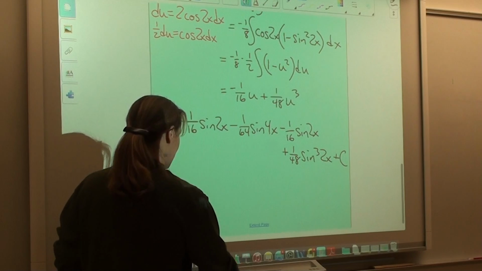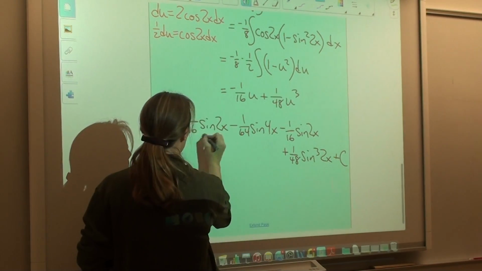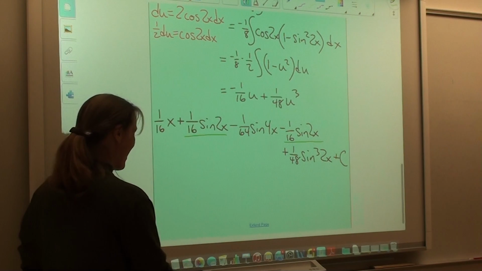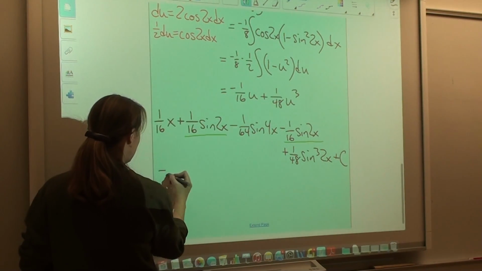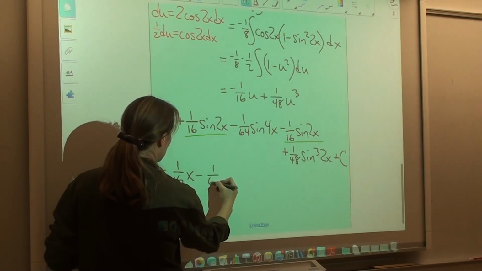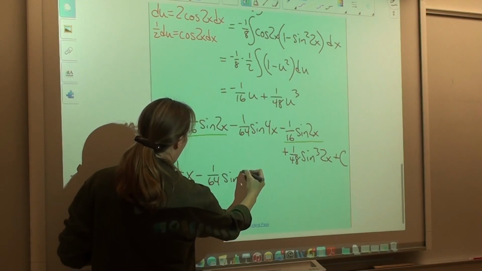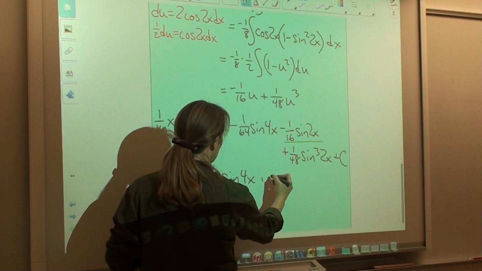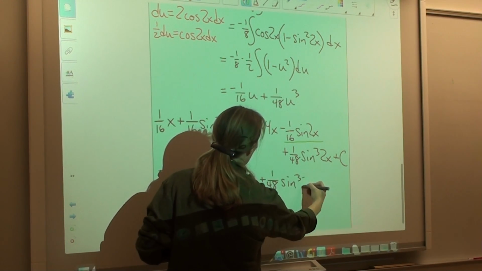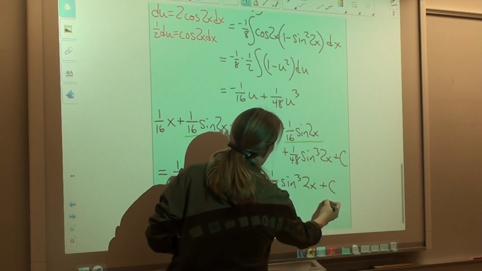Look at this. They're gone. So it's 1/16 x minus 1/64 sine 4x plus 1/48 sine cubed 2x plus c.